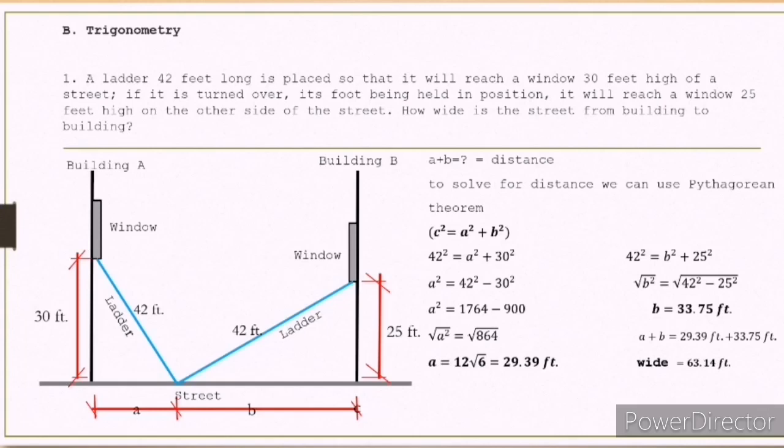Then a plus b is equal to the a, which is 29.39 feet, plus the b, which is 33.75 feet. Then the sum is 63.14 feet. That is the width of the building. The width is 63.14 feet.